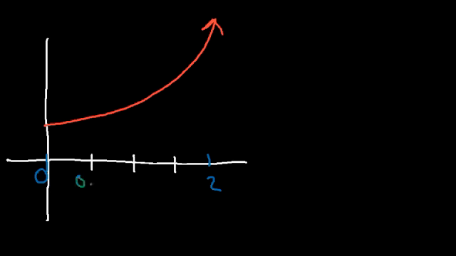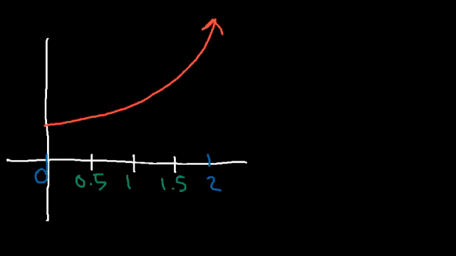Now let's graph the rectangles using the midpoint rule. So let's make the 4 intervals, 0, 0.5, 1, 1.5, and 2. So we need 4 points, but using the midpoints.